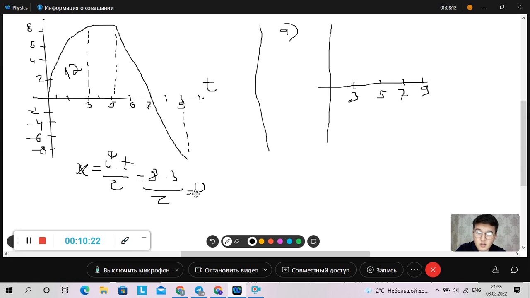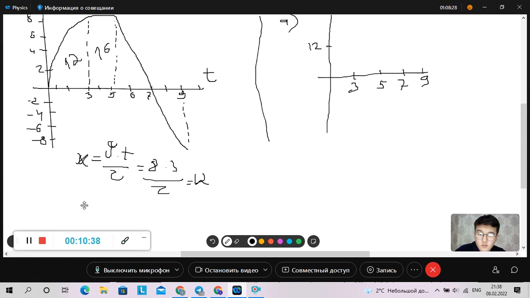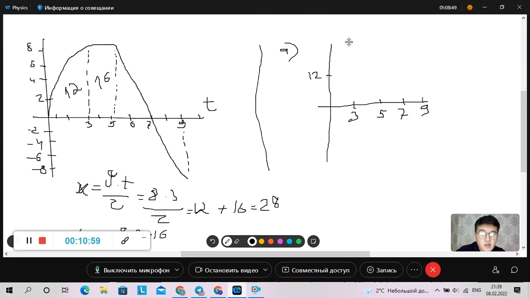Is it 12? This is the first part, and in the second part the moped goes 16 meters. Just 8 multiplied by 2, this is 16, and we add 12 to 16, which is equal to 28. This is the second position.